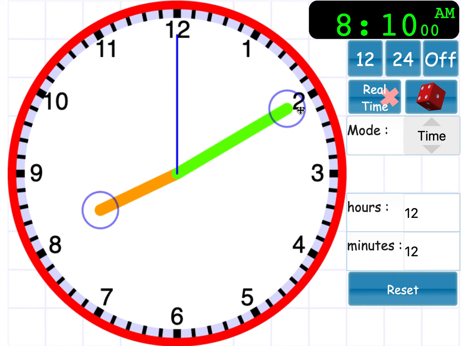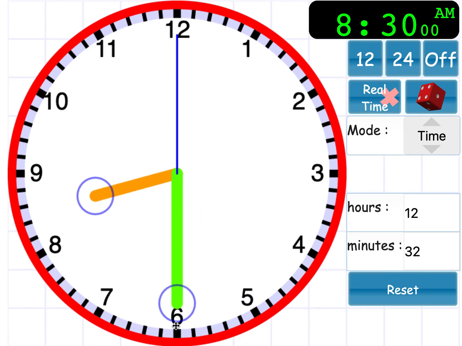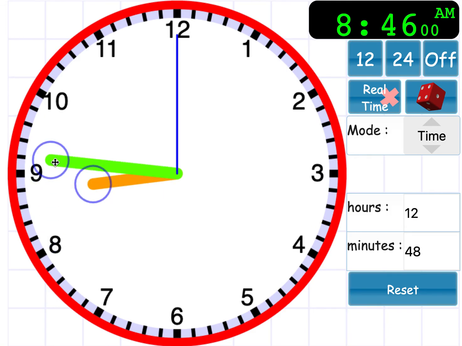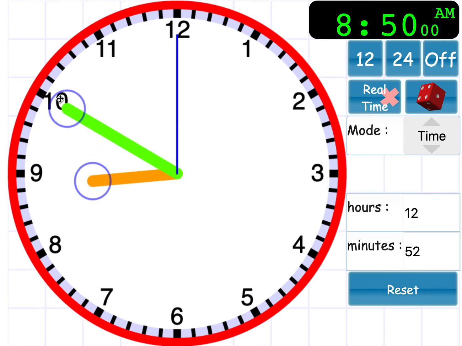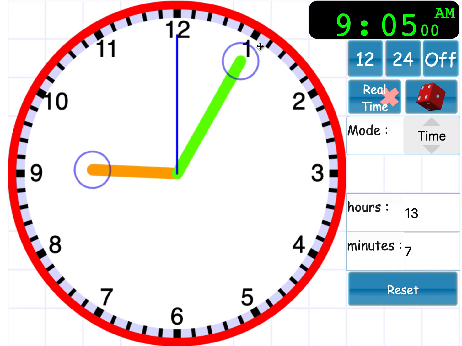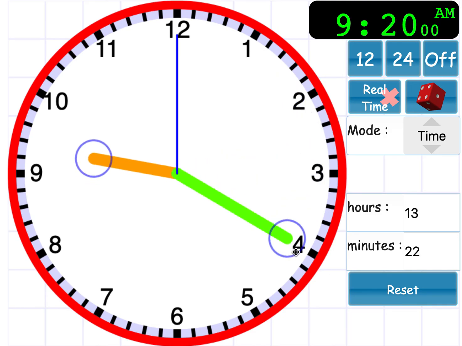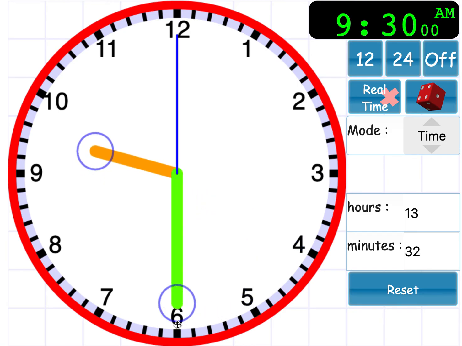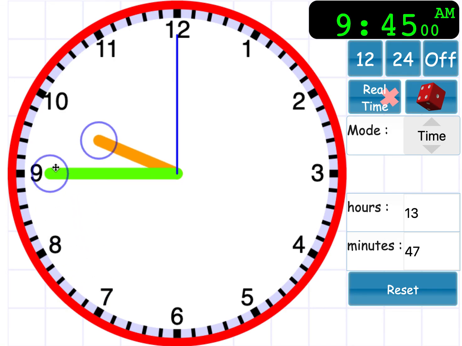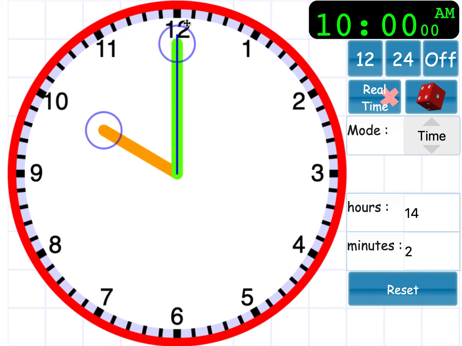8:05, 8:10, 8:15, 8:20, 8:25, 8:30, 8:35, 8:40, 8:45, 8:50, 8:55, 9 o'clock, 9:05, 9:10, 9:15, 9:20, 9:25, 9:30, 9:35, 9:40, 9:45, 9:50, 9:55, 10 o'clock.